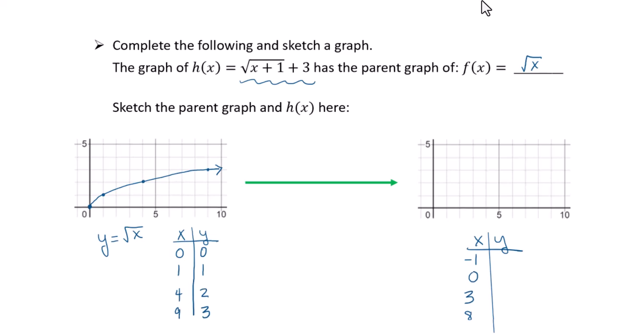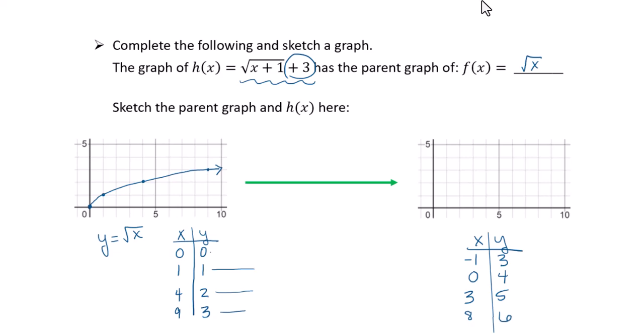And the outputs that we'll have from that are the outputs that we had before plus 3. So 0 plus 3 is 3. 1 plus 3 is 4. 2 plus 3 is 5. 3 plus 3 is 6.